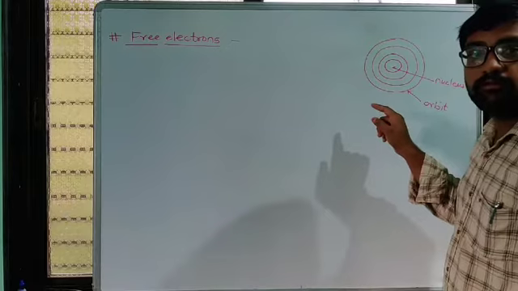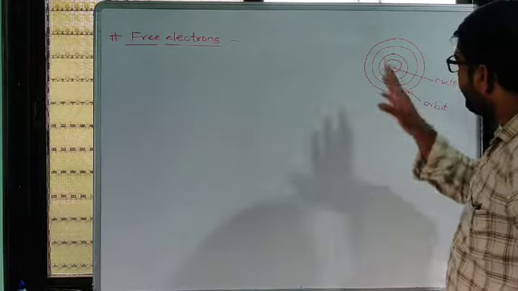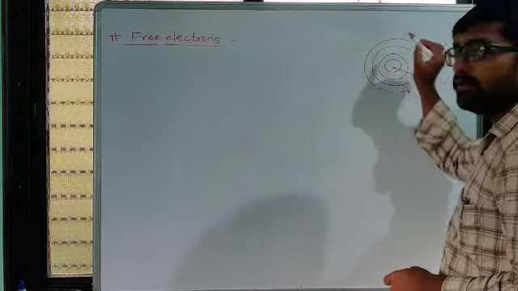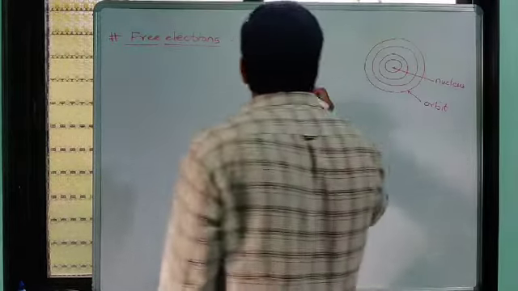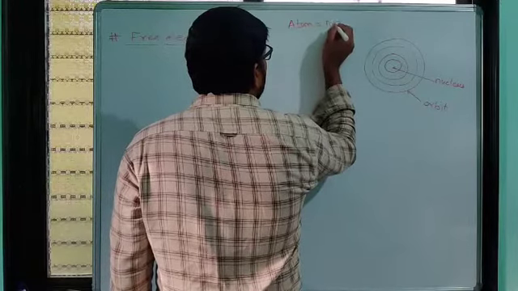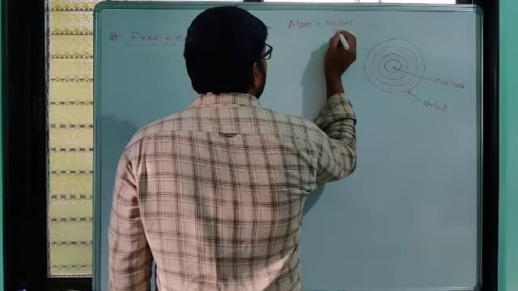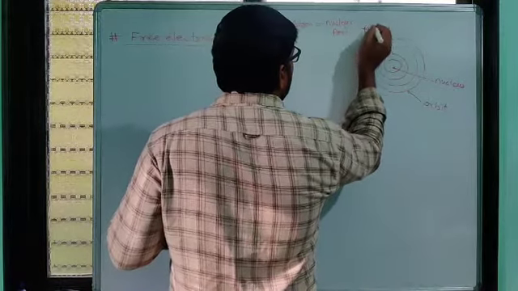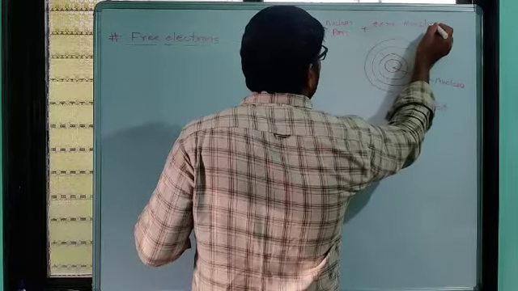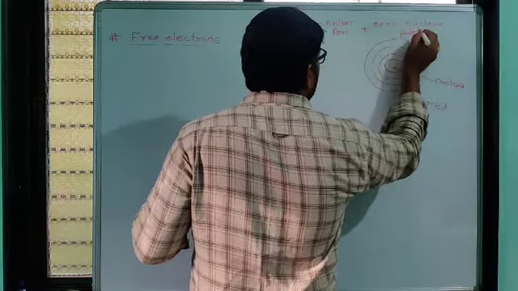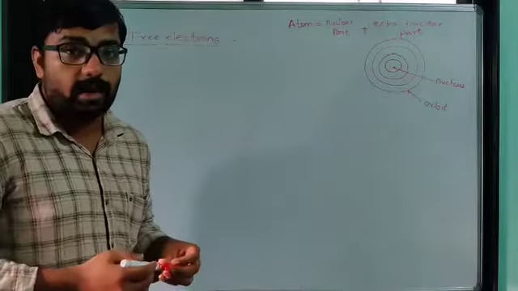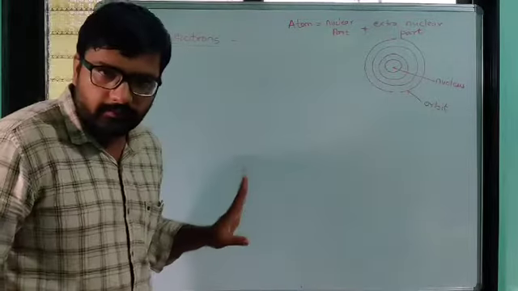Here the atom is actually made up of a nuclear part and an extranuclear part. So we can say that atom is nothing but nuclear part plus extranuclear part. Atom is made up of this nuclear part and extranuclear part, and in such a way the atom is formed.